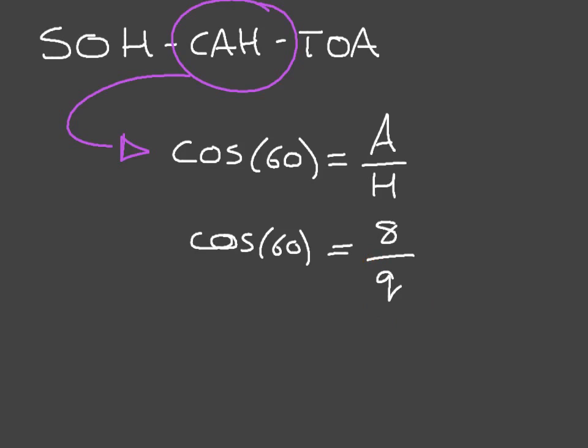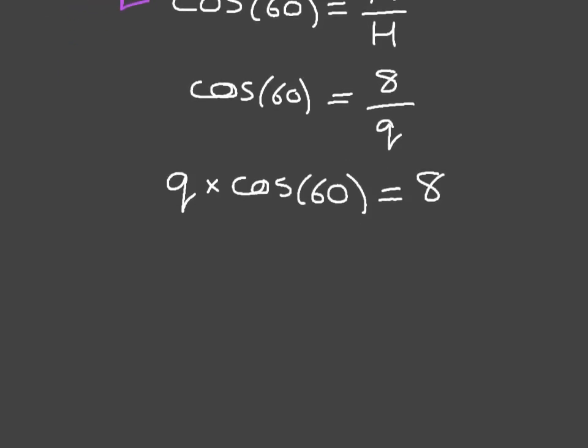We'll start by multiplying both sides of this equation by Q. And if we do that, we'll end up with Q times cosine of 60 is equal to 8. And now, since what we're looking for is Q here, and it's being multiplied by cosine of 60, we're going to divide both sides of this equation by cosine of 60 to get rid of the cosine on the left-hand side.